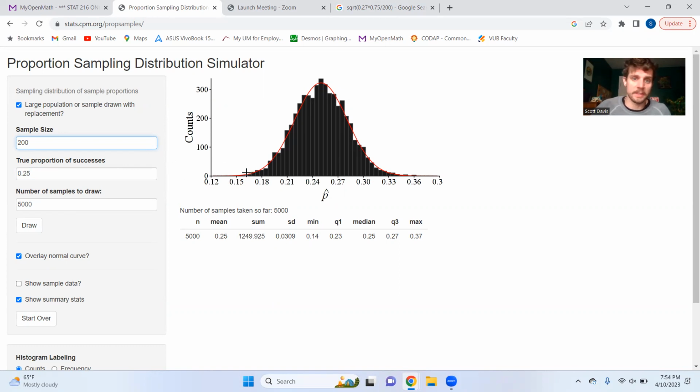The central limit theorem tells us that this red approximation is going to be pretty close. So as long as we meet the criteria, we can use this normal distribution centered at p with a standard deviation of the square root of p times 1 minus p over n. And then we can use that normal distribution to find the probabilities that we are looking for.